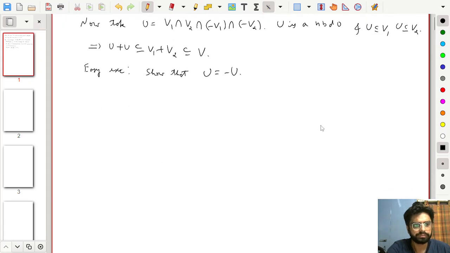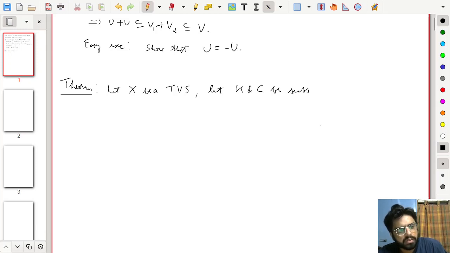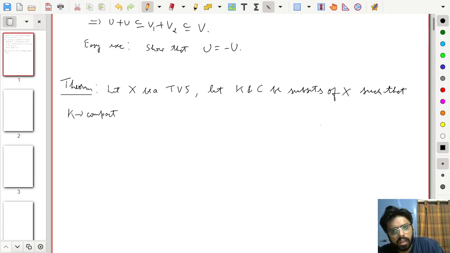So moving on, let us come to the first theorem. Let X be a TVS. Let K and C be subsets of X such that K is compact, C is closed, and K intersection C is empty.